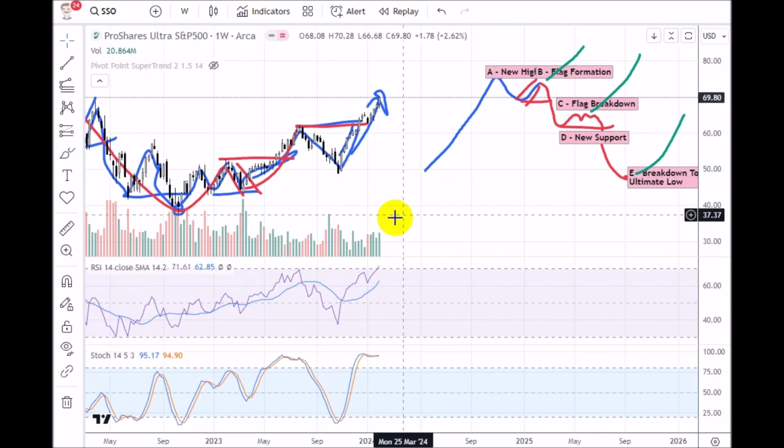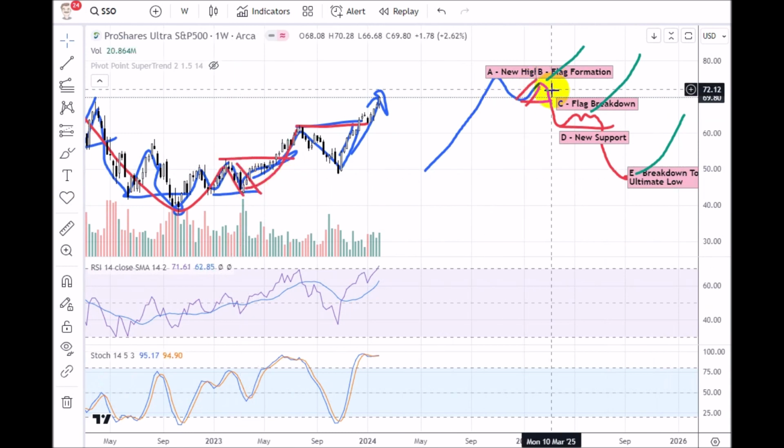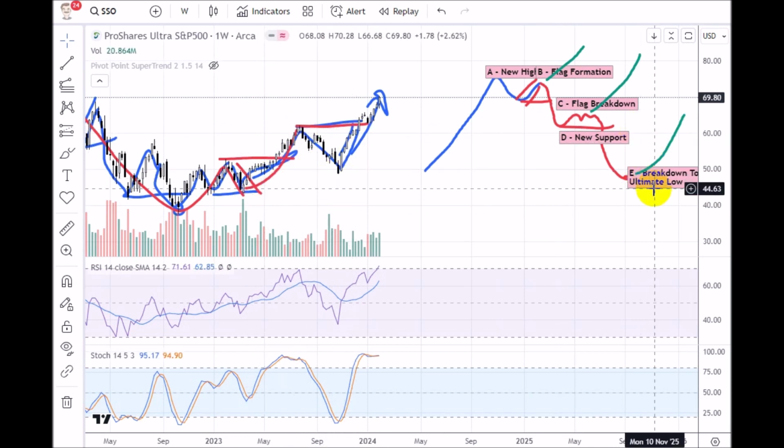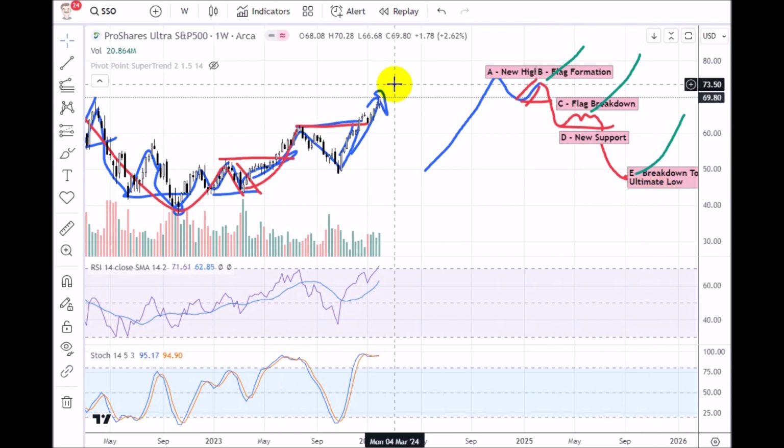We've had the flag right here, there's the flag, here's the flag, breaking down to a new support. Okay, there we go, new resistance, waffling around, running to an ultimate low, in this case running to an ultimate high.